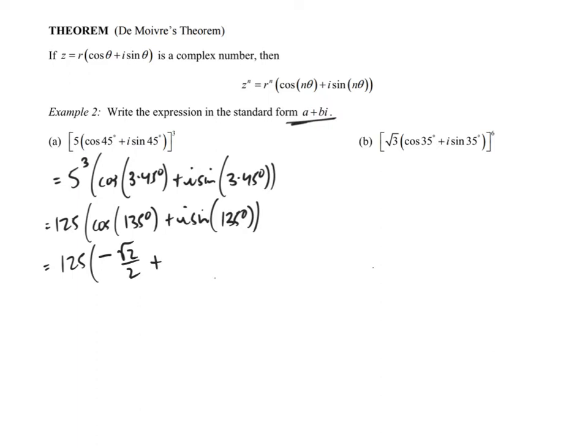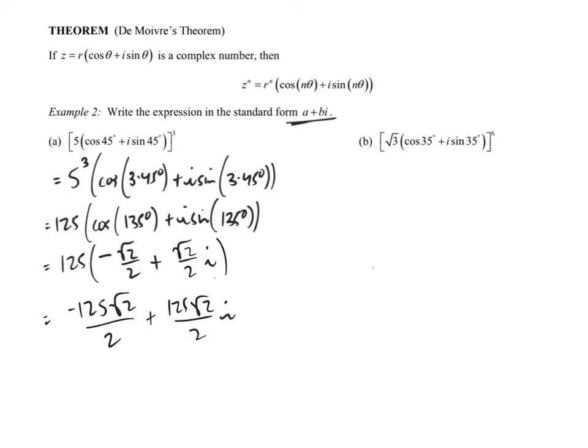Well, 135 degrees is in quadrant 2, and sine there is positive, so this is going to stay positive. And then for 135, the reference angle is 45, and sine of 45 is square root of 2 over 2. And then don't forget the i. And then all we need to do to finish that is just distribute the 125. So that'll be negative 125 root 2 over 2 plus 125 root 2 over 2 times i.